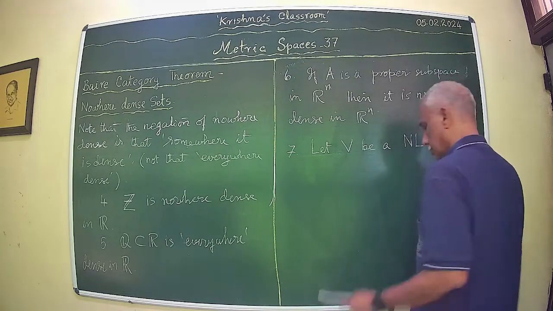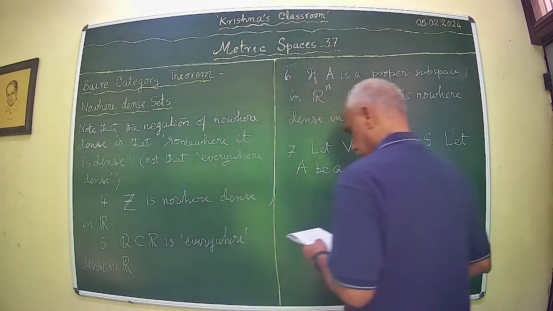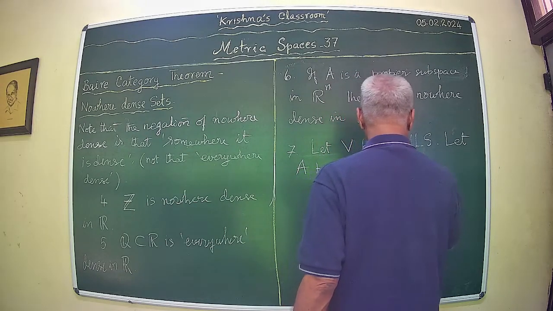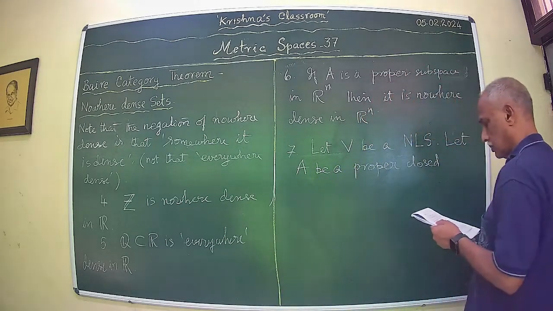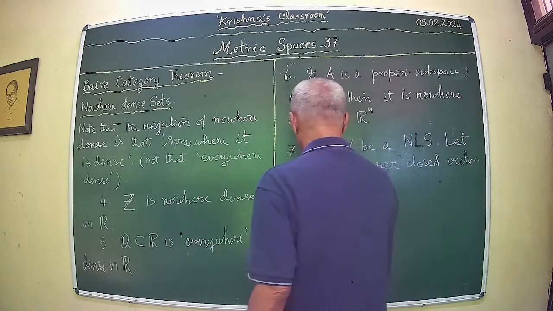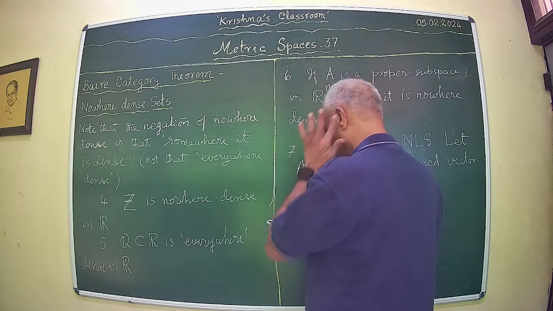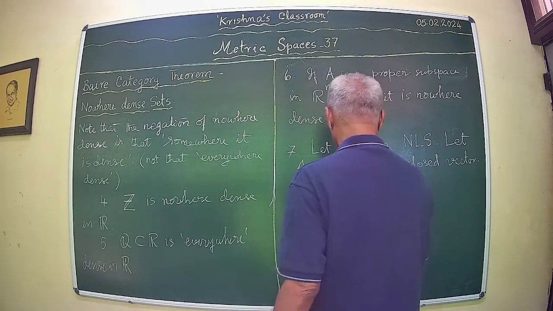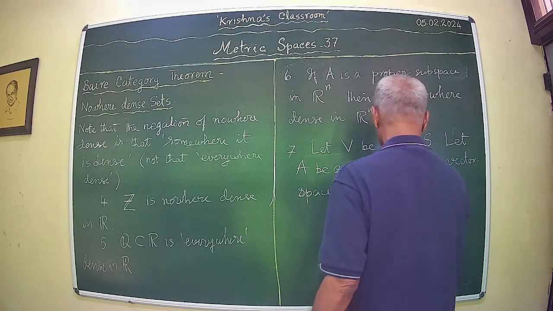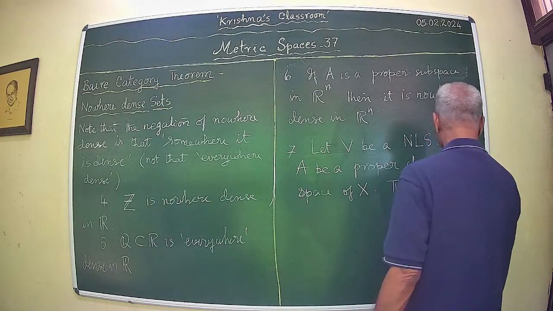Let A be a proper closed subspace of X. Then A is a nowhere dense set.